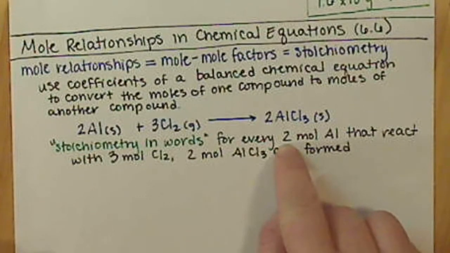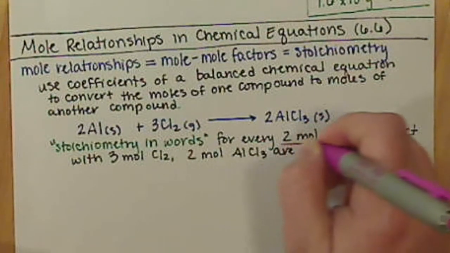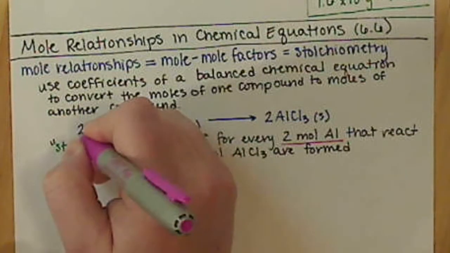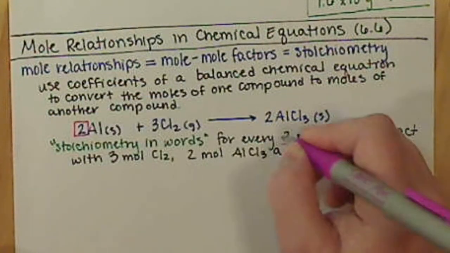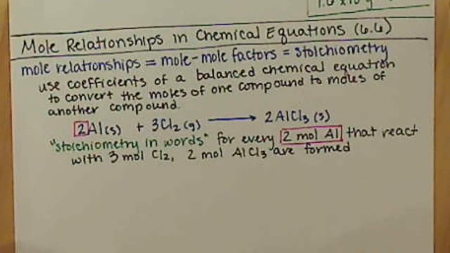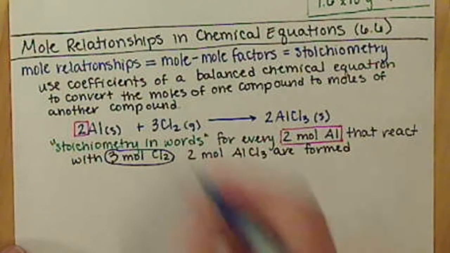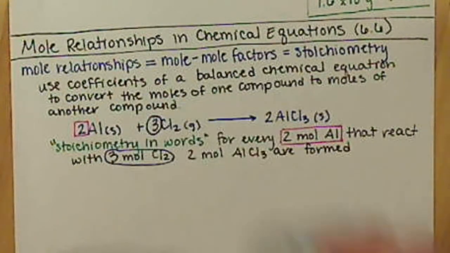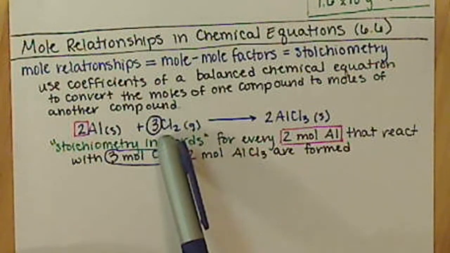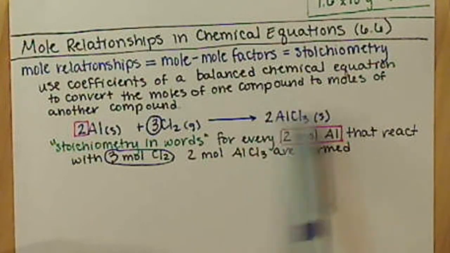So this 2, from my 2 moles of aluminum, is coming from this 2 here. And I'm reacting that with 3 chlorines. You might not be able to see the difference, so maybe I'll circle this one. Our 3 chlorines come from that 3 in front of the chlorine, the Cl2. Notice that I haven't involved this at all.